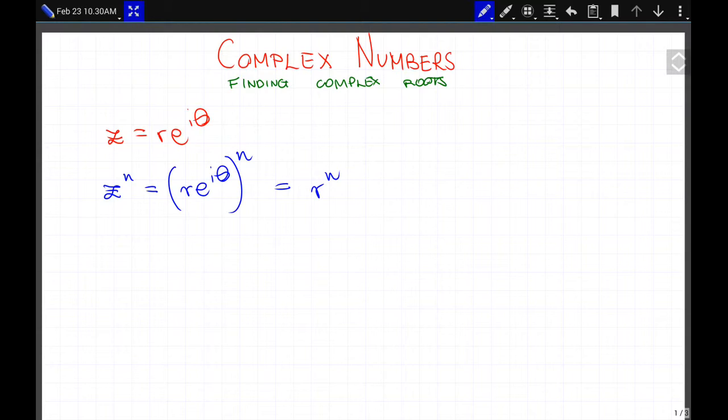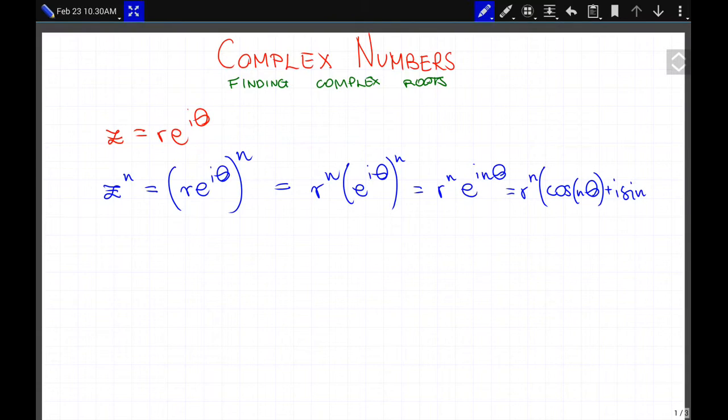And we can write it as r to the n times e to the i theta to the n, and that is r to the n times e to the i times n theta. And we can write it also in the form r to the n times cosine n theta plus i sine n theta. And this is known as the De Moivre Theorem.